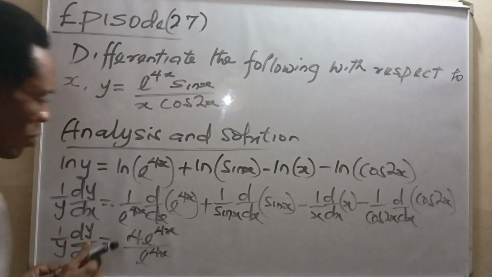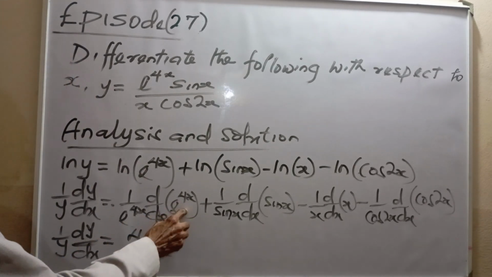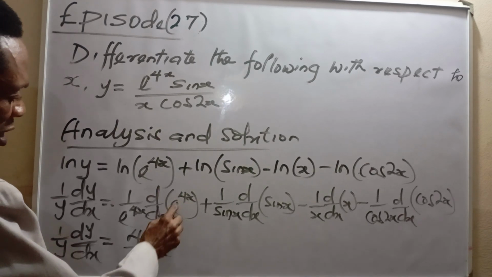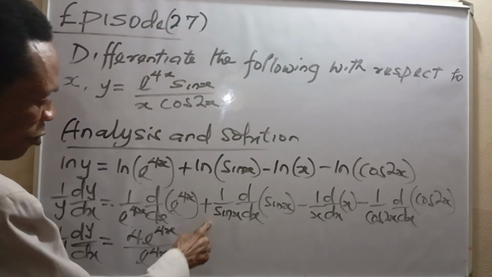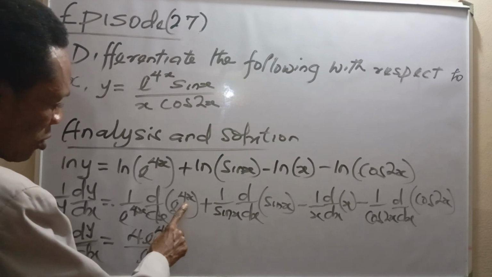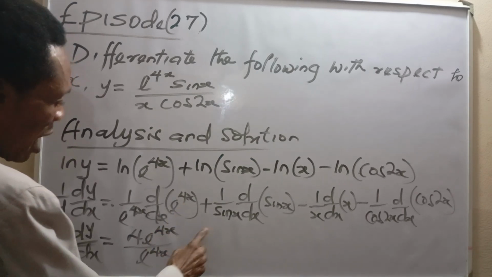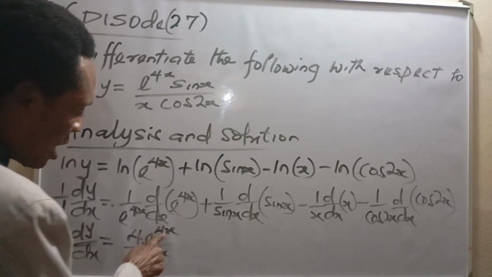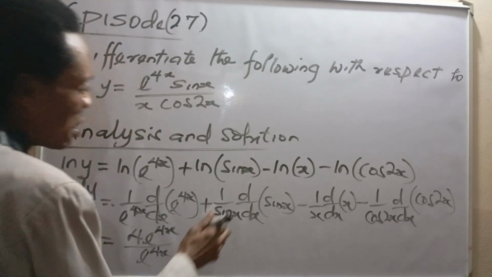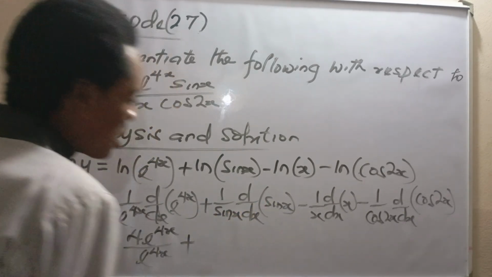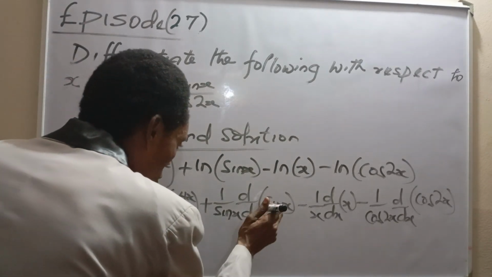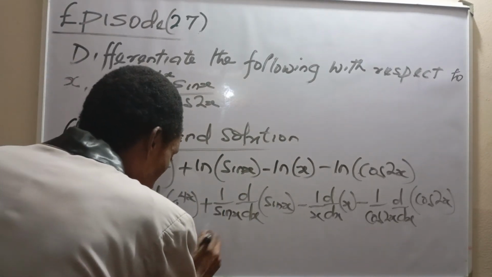Then we are done with this. So what do you do? To differentiate this, the differentiation of e^(4x) is e^(4x) times the differentiation of the angle here, which is 4x. So it will now give you 4e^(4x). That is what we have just done. Plus, the differentiation of sin x will give you cos x. So cos x times 1 will give you what?